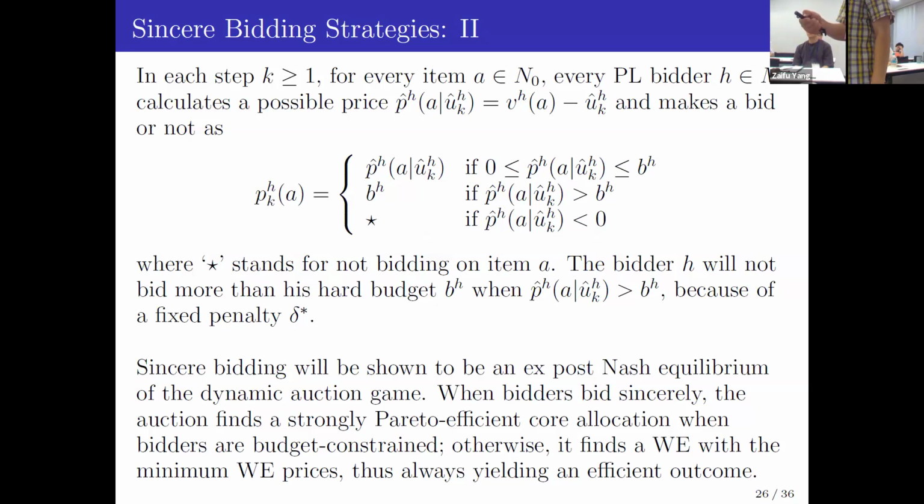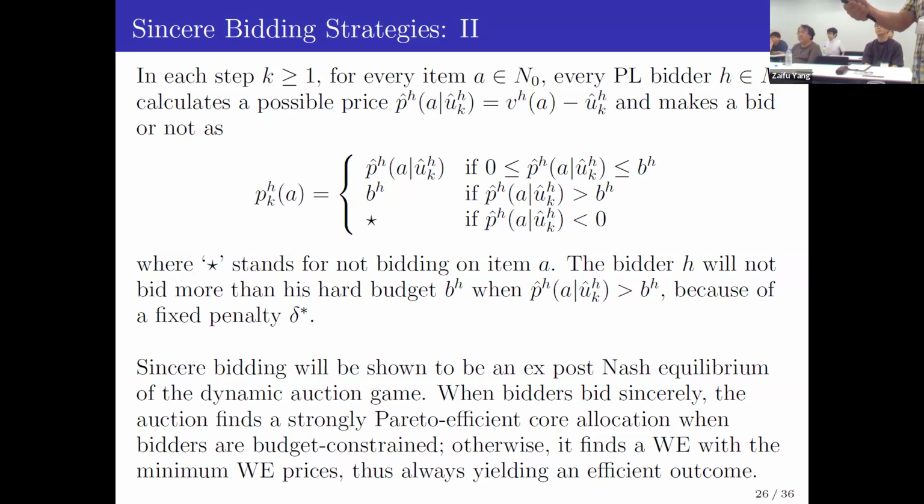So this is your valuation on the item A minus your current attainable utility. Then you decide to make a bid or not at all. In the first case, if your current price is still affordable, namely in between 0 and your budget, okay, this is okay, you just take it.